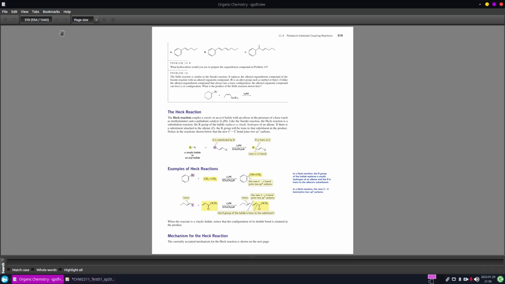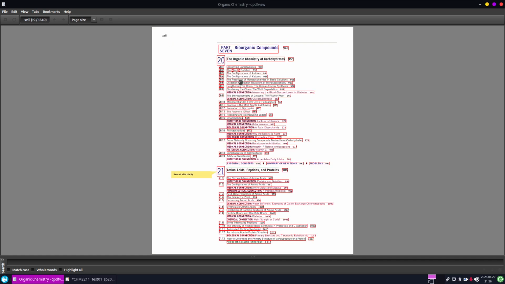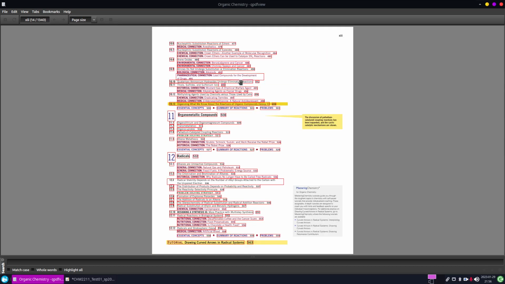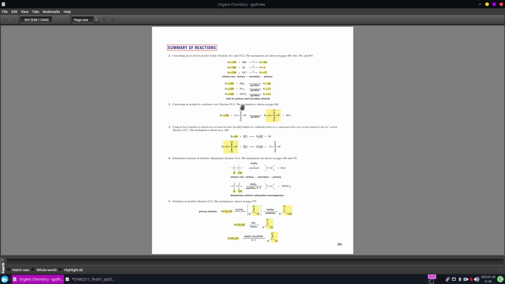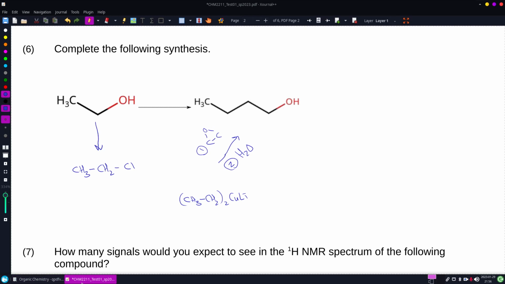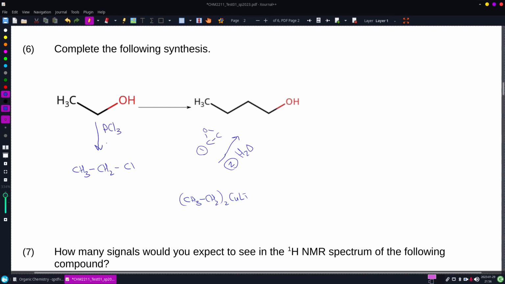And if I go to our alcohols chapter and the summary reactions, we have a few ways to do that. Now, if it had been tertiary or secondary, we can just do the acids, but this one was a primary. So I could use PCl3 with pyridine or the thionyl chloride. And I don't care. PCl3 has less characters.